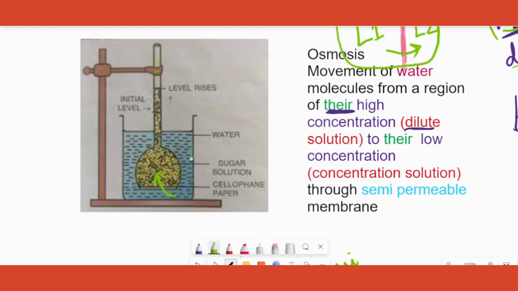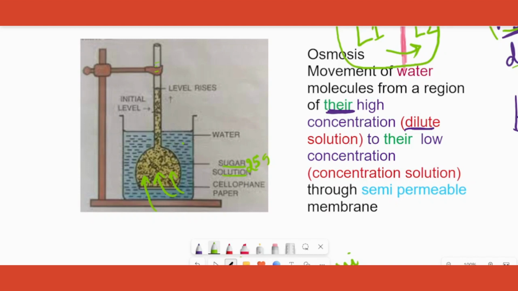In other words, if I keep on increasing this sugar solution's concentration, instead of 5 gram, if I keep 15 gram solute or 25 gram solute, that means I have increased the sugar solution's concentration. Right? So that means more is the ability to pull normal water in, isn't it?